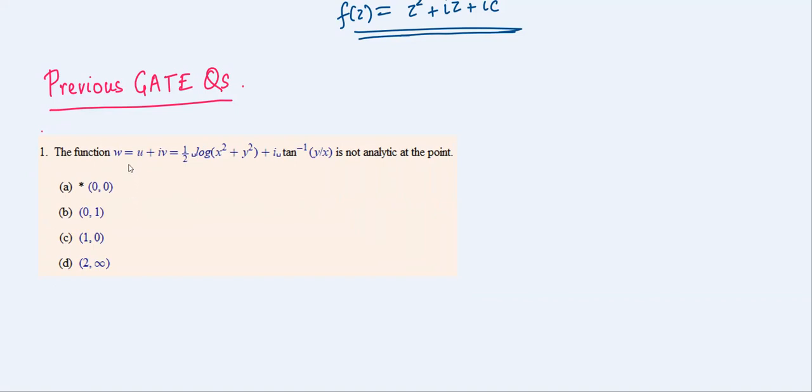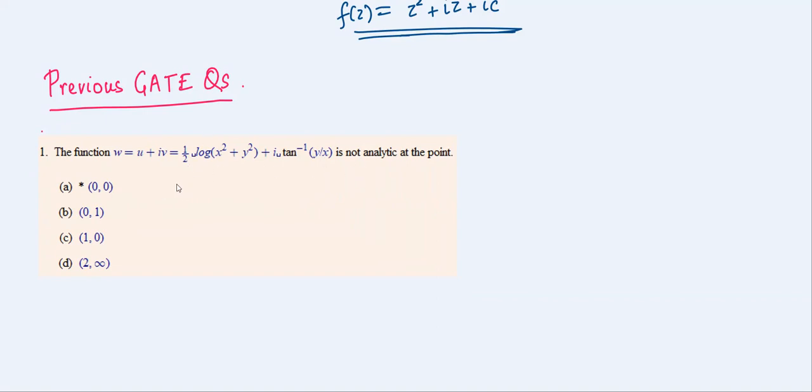Now the function w equal to u plus iv is half log of x square plus y square plus i times tan inverse y by x. Now, at which point is this not analytic?